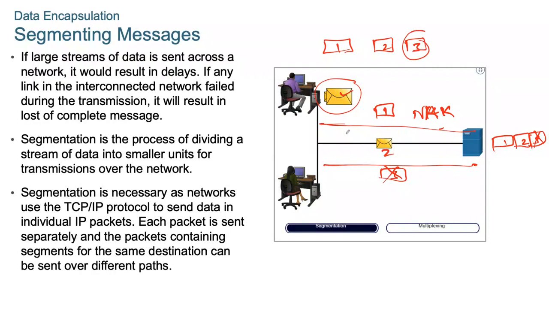That piece may go through another path when retransmission is done. So instead of sending the entire message through the network, only a piece of the message is sent. That means it uses less bandwidth, so the network performance will be increased in this way.